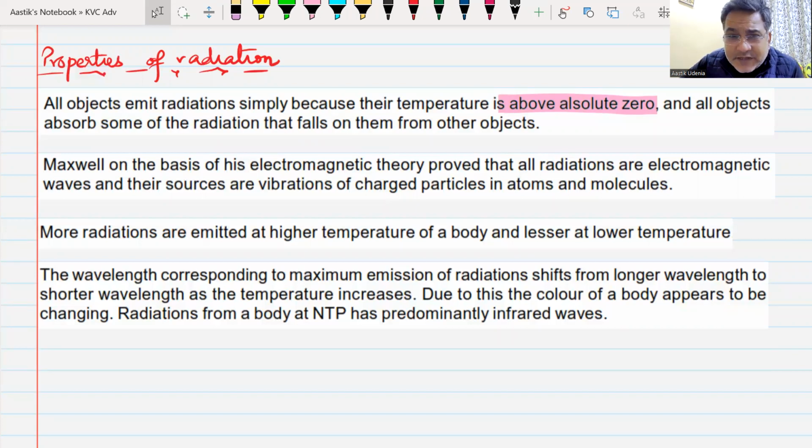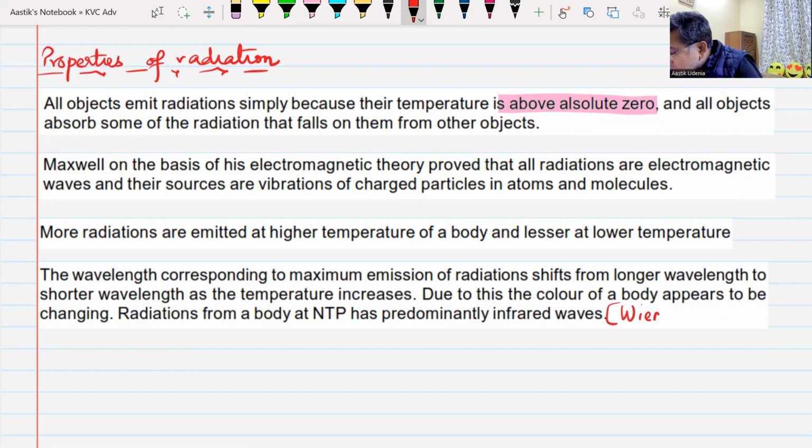But as you increase the temperature, we will see this law is known as Wien's displacement law. We will see this in great detail. Right now, you can just write here in bracket Wien's law. And we will study this under the heading of Wien's law.